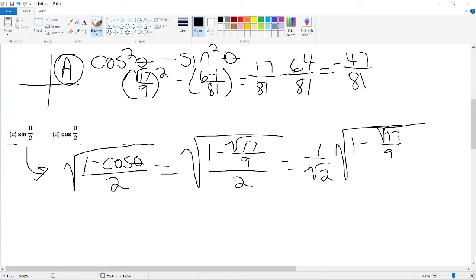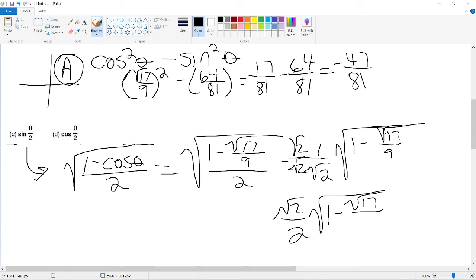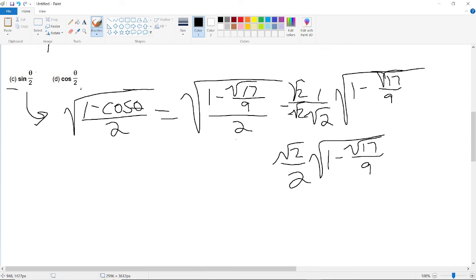And 1 over square root of 2, if we multiply it by square root of 2 over square root of 2, gives us square root of 2 over 2 times the square root of 1 minus square root of 17 over 9. There's all kinds of different ways to write this answer. How your book has it, I don't know, or how the computer will accept it, I don't know. But there's one way to write it. There's others. If you look it up on the link I sent for the half angle and double angle, they give it in a different format. Okay, so there's that one.